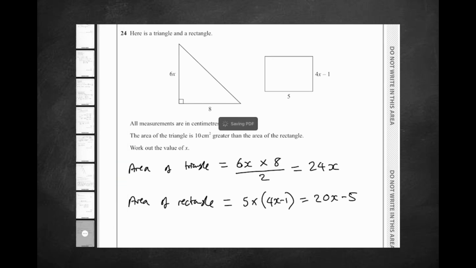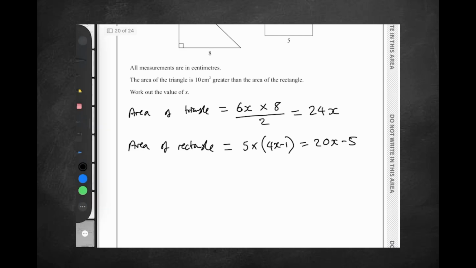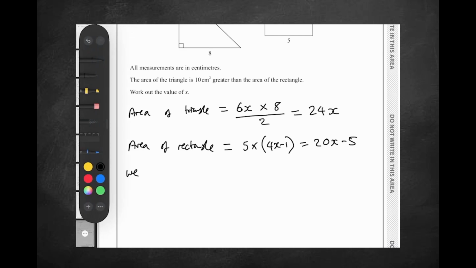Just scroll down a little bit. We know area of triangle equals area of rectangle plus 10.